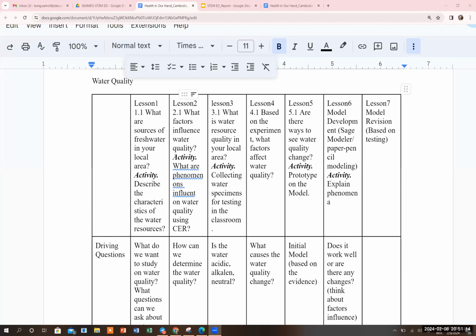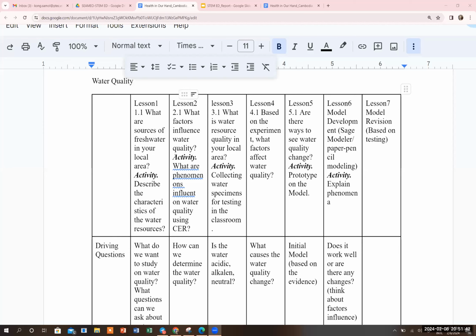In the context of Cambodia, we have really good local areas with a great lake and the Mekong river, but most Cambodian people face challenges with water quality, especially during the dry season, and we lack water supply for household usage.